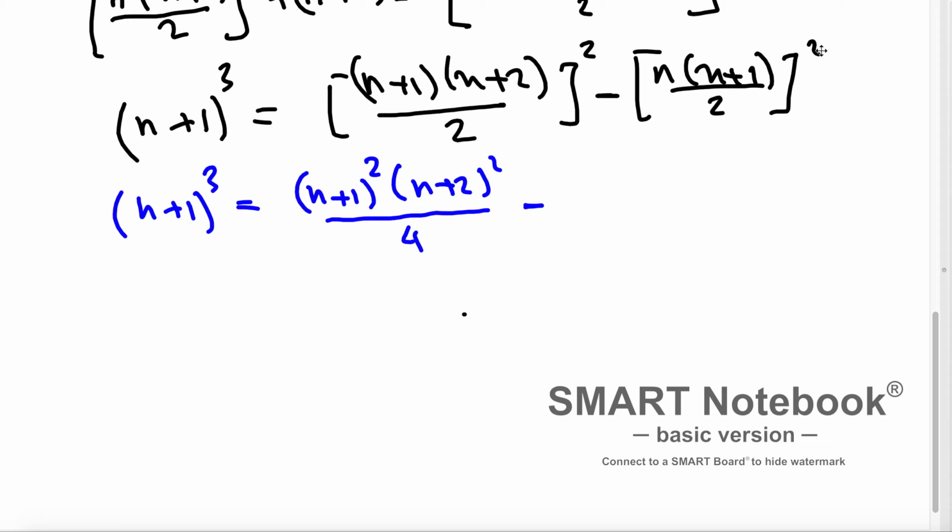On the other side here is going to be minus n square, and this one n plus 1 square, and divided by 4.